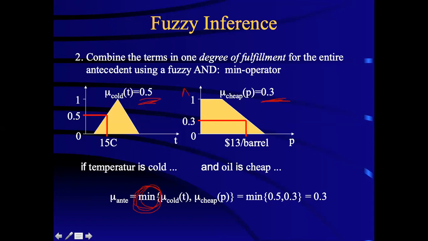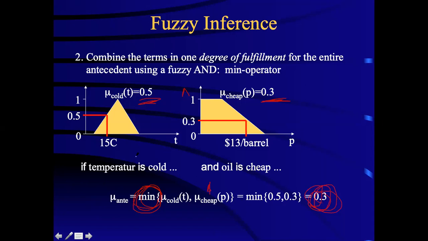You take these two membership values and apply the min operation, or you can use any other operation, your formula, and you apply min. So here you have 0.5, here you have 0.3. Minimum of the two is 0.3. That means that the combined membership value of the left hand side of the rule is 0.3. That's the combined value.